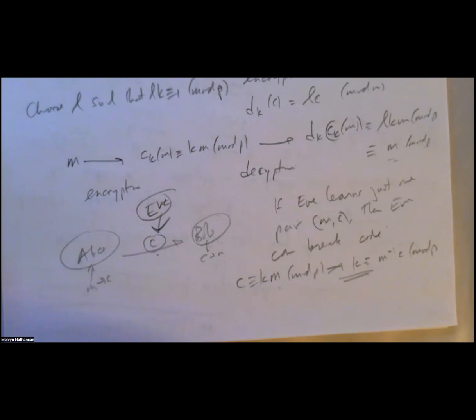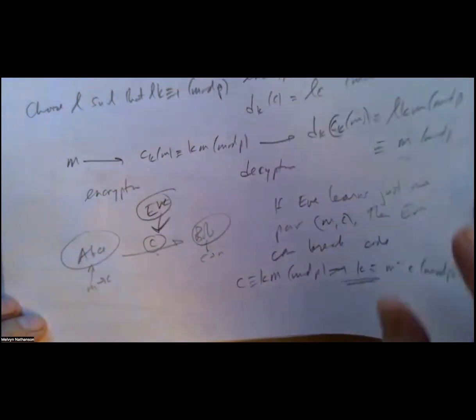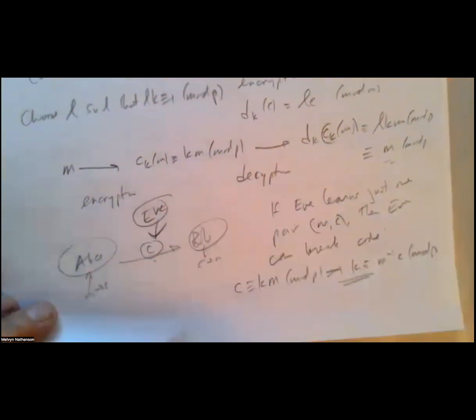Okay, this is symmetric. These two examples I just gave, the Caesar code, when you shift the alphabet by a fixed number k, or this arithmetic code where you multiply everything by k and reduce mod p, where p is a large prime and k is relatively prime to p.